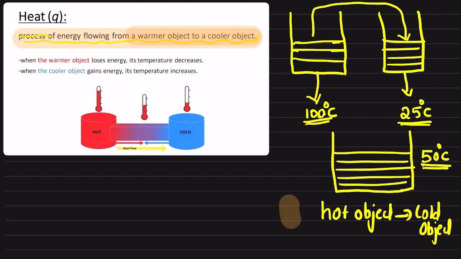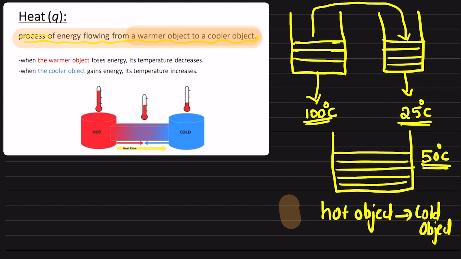So what happens during this reaction? The hot object's energy is lost. The cold object is gaining energy. So the warmer object loses energy, so its temperature decreases. The colder object gains energy, so its temperature increases. When you are mixing, the temperature of the hot object decreases.